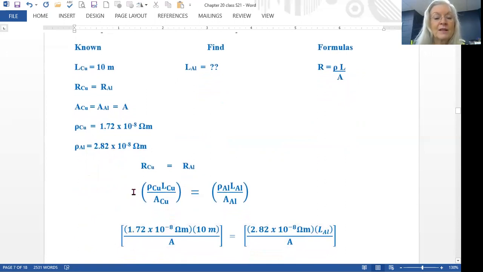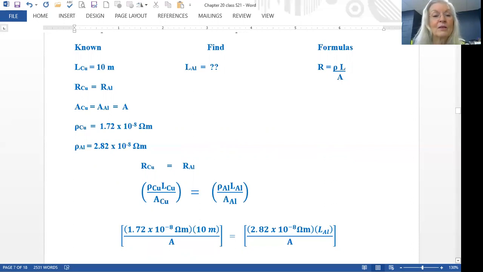But we know that resistance is rho L over A, so rho L over A for the copper equals rho L over A for the aluminum. And you'll notice these little Cu and Al are supposed to be subscripts. Sometimes the way the computer types it, it's hard to see that they should be smaller and really slightly below the line. I know it doesn't seem to look like that, but it really ought to be below the line.